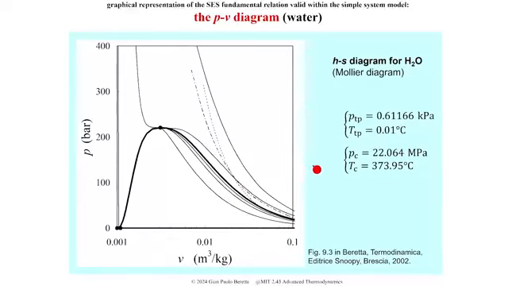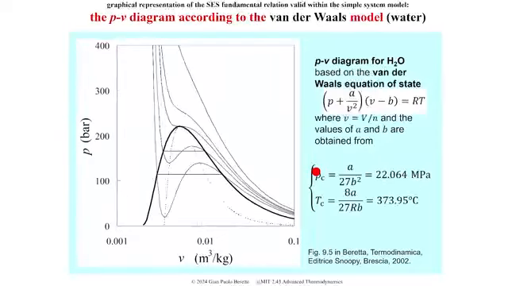There is a much simpler model that covers, at least qualitatively, the liquid-vapor state, which is the van der Waals equation of state, which looks like (P + a/v²)(v − b) = RT.